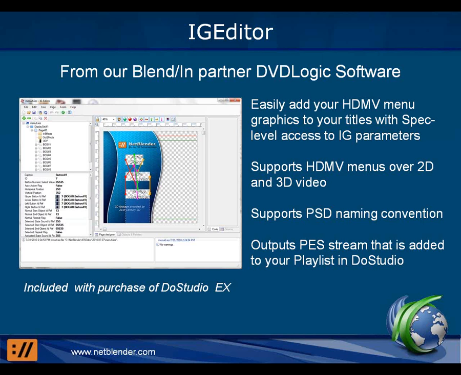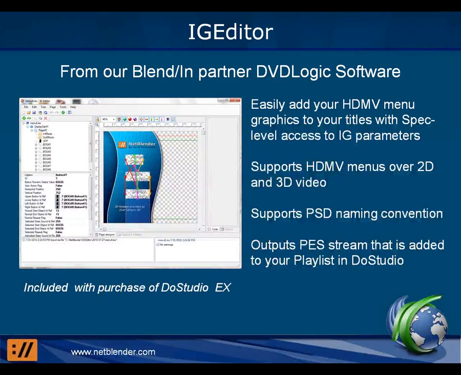In just a moment, we'll take a look at the IG editor. This is a screenshot, and this shows our 3D demo menu in the workspace itself. The important point here is that when working in the IG editor, you are really at the spec level, and we'll go through all of the parts of the IG editor itself. But essentially, you will set up your display set, your pages, and your button object groups.